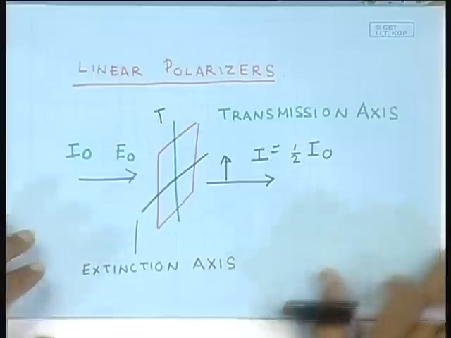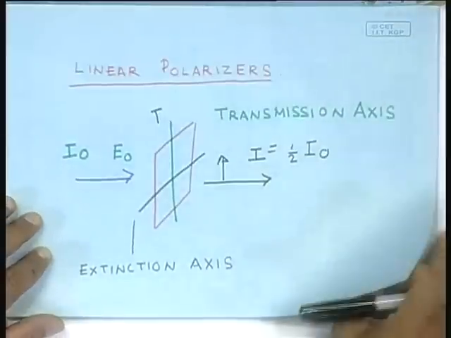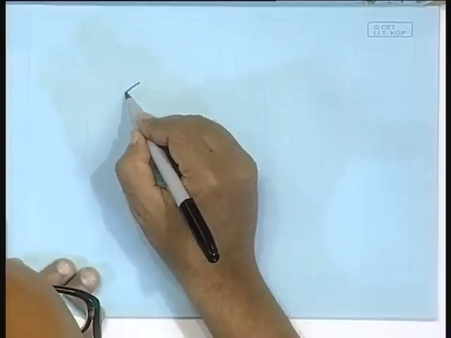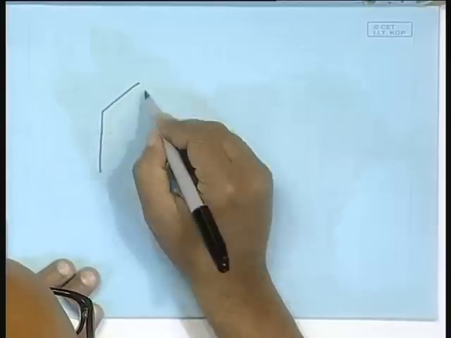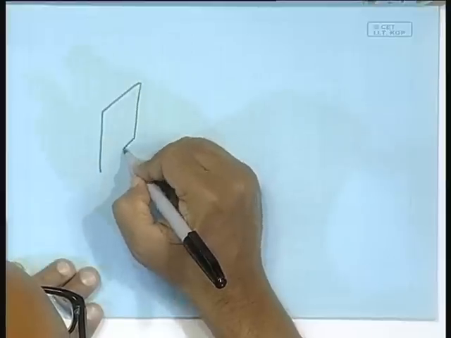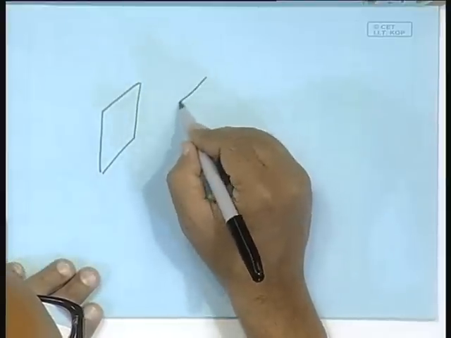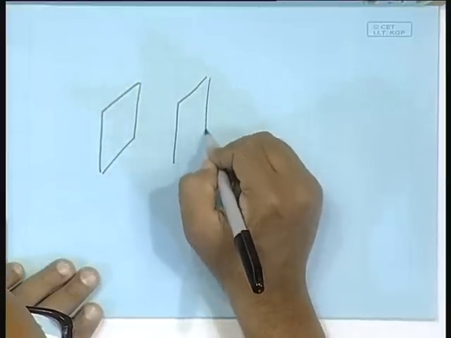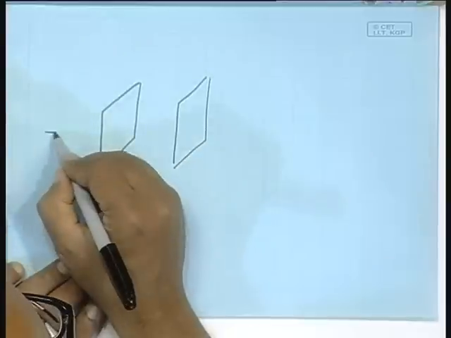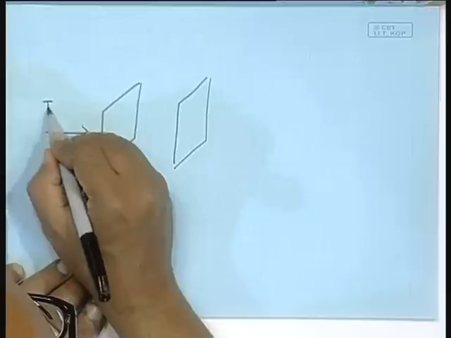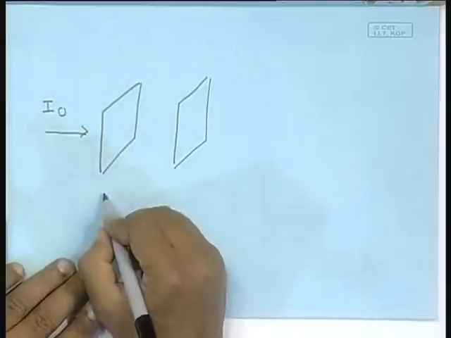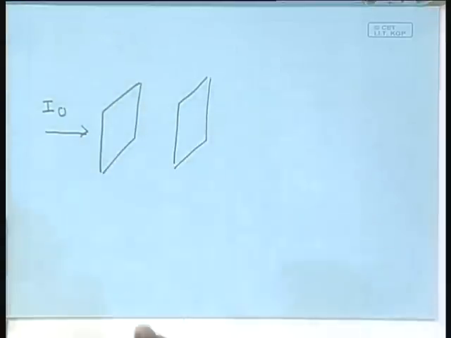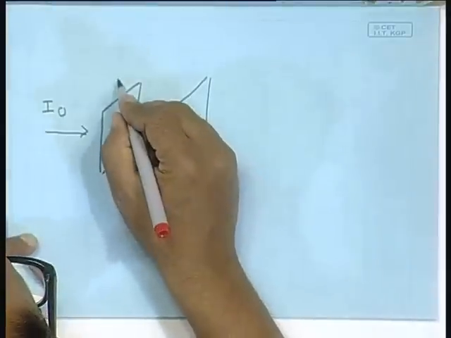Let us now consider a slightly different situation. We have two polarizers, and we have natural light of intensity I naught incident on the first one, whose transmission axis is like this.